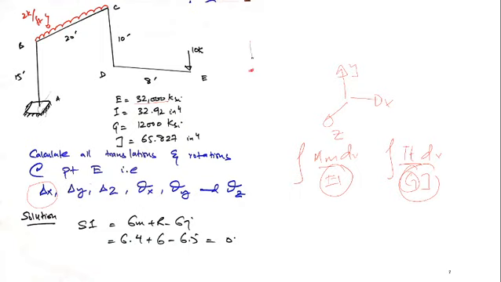For example, there can be a translation in y direction, a translation in x direction, and a translation in z direction. Similarly, there can be a rotation in x direction, a rotation in y direction, and a rotation in z direction, because it's a space frame. So these 6 parameters are to be calculated.